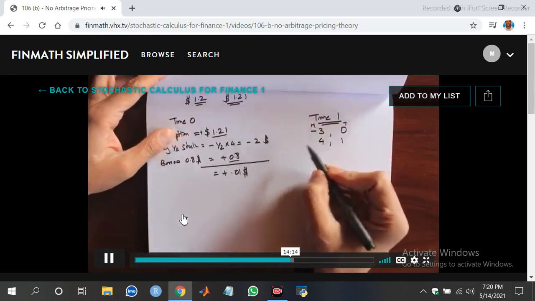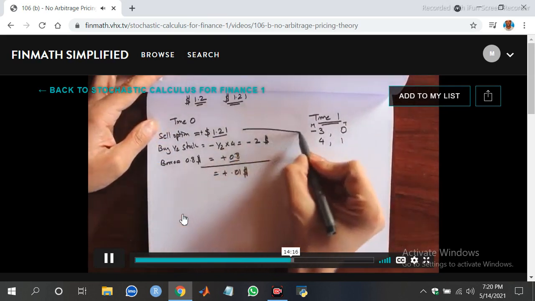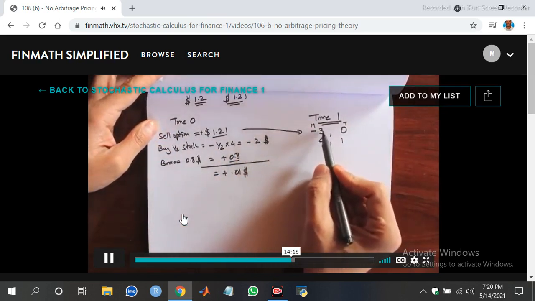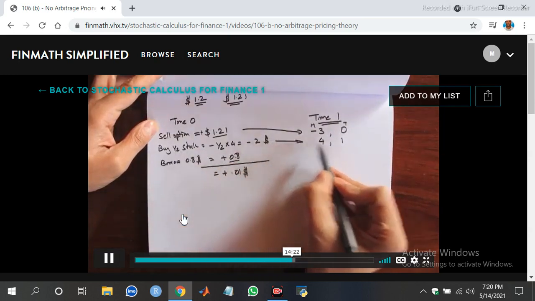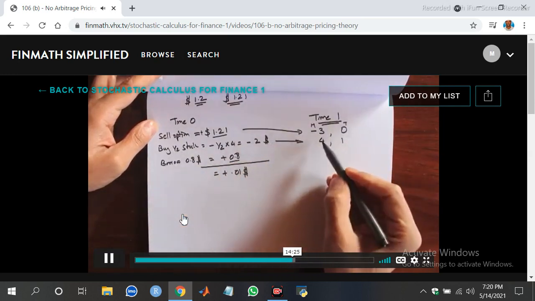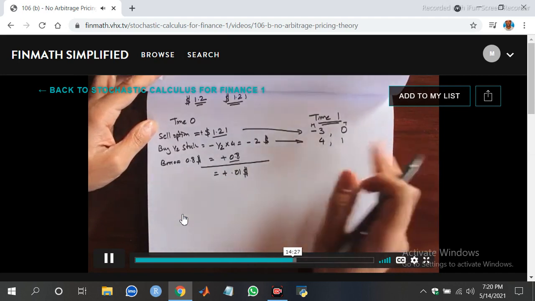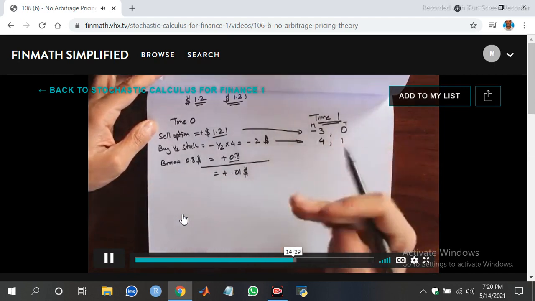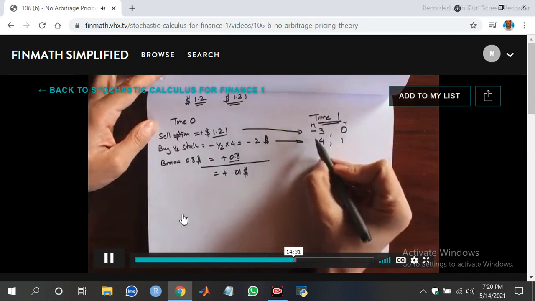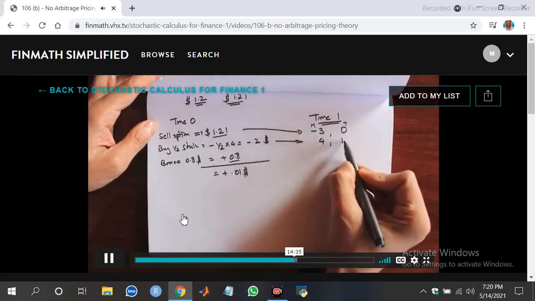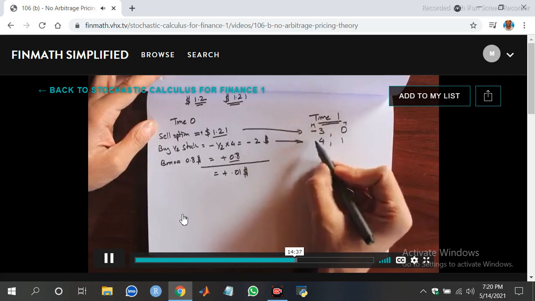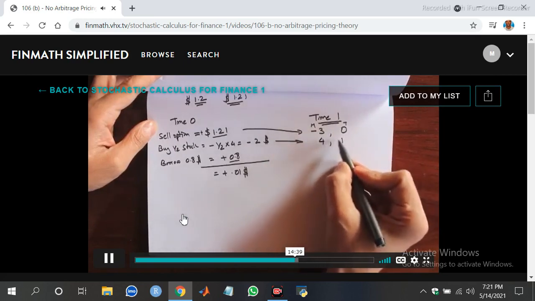So this is my option position: I owe $3 here and 0 here. Half a stock is worth 4 or 1. Whatever the outcome, I'll just sell the stock at that time. So this would be my positive cash flow. My stock position is worth 4 or 1 if I get a head or a tail, and I'll just sell it, so it will be positive numbers here.